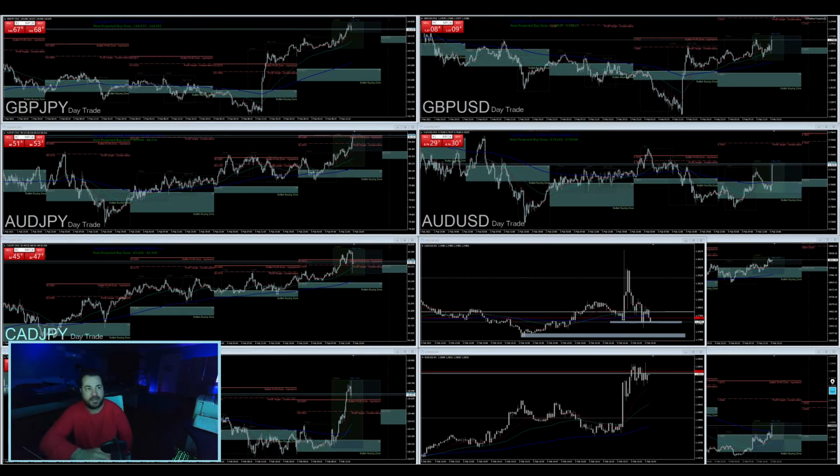All right, here's CAD coming down to test support right now. First layer of support. It found a little bit of support, had a dead cat bounce, coming back down again to see if we can penetrate that in the next level.